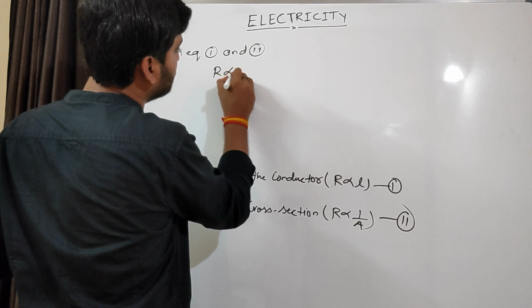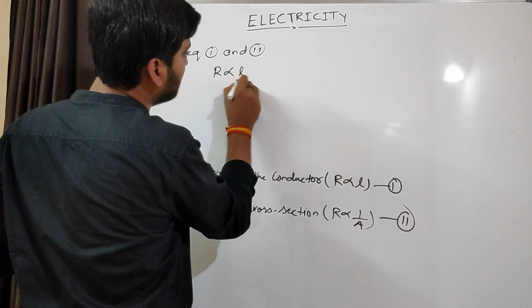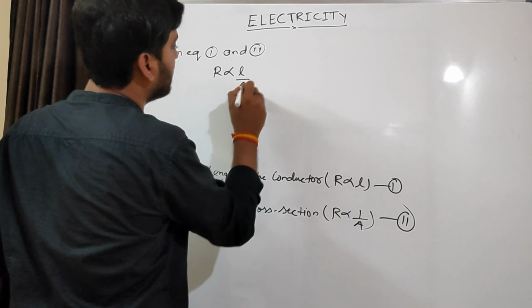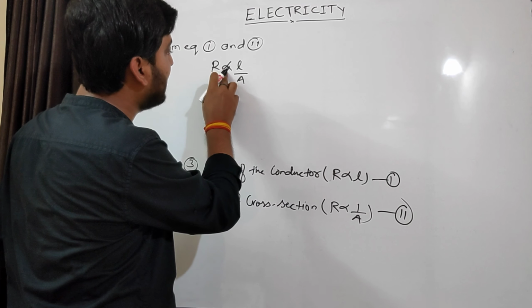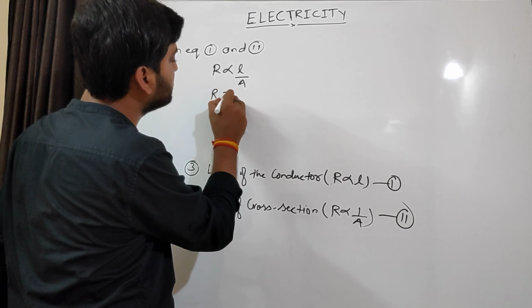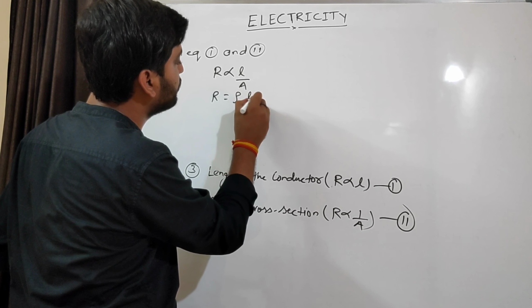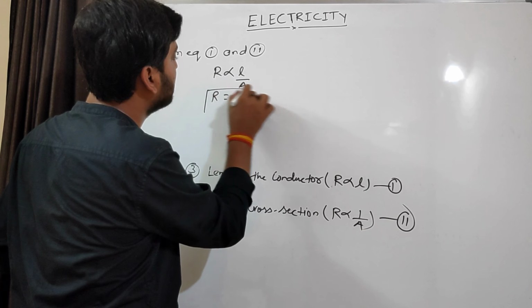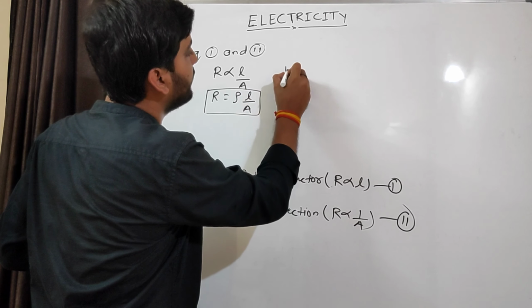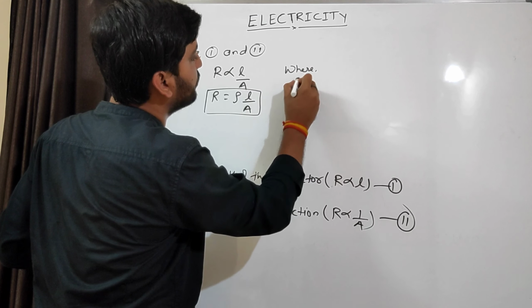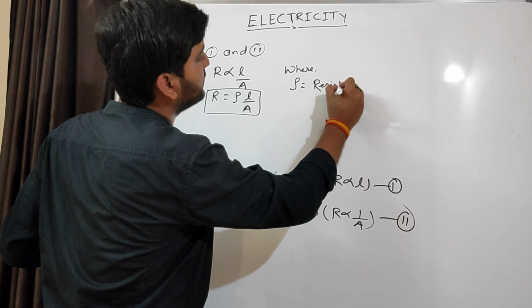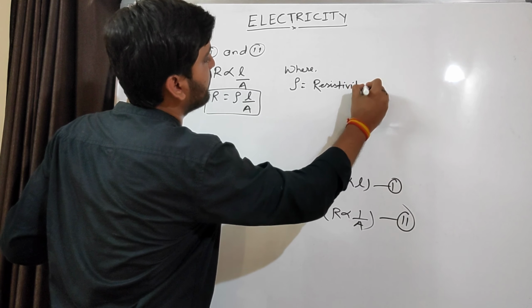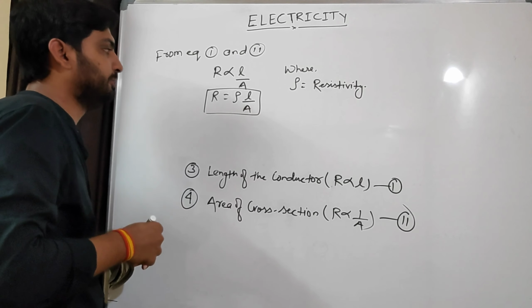R is directly proportional to L and inversely proportional to A. As we remove this proportionality sign, we get a constant, and that gives R equals rho L upon A, where rho is equal to resistivity.